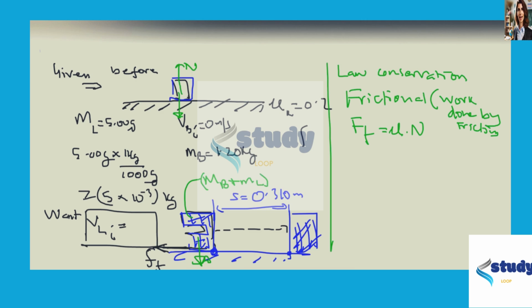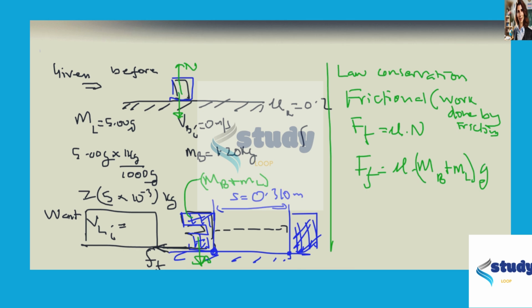So the first thing we want to do is obviously compute that frictional force. This becomes F_f equals mu times the combined mass of the block and the bullet times the acceleration due to gravity. And that's the information we're given.